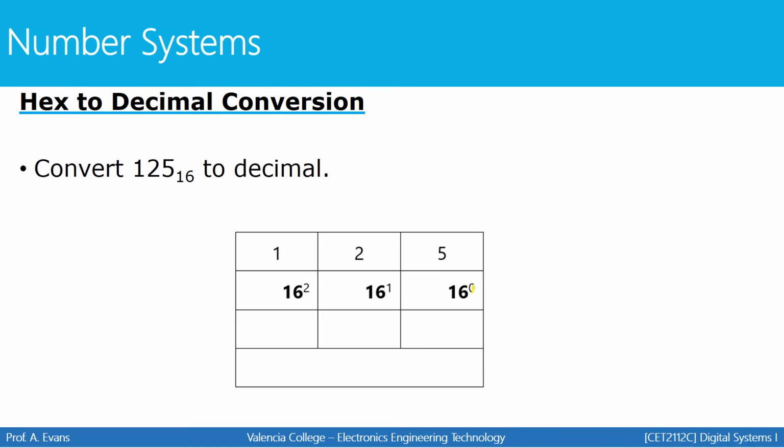And now I'm just going to multiply each place value by the number above. Simplify and add them together. And you get 293. So I know the number 125 in hex is equal to the number 293 in decimal.